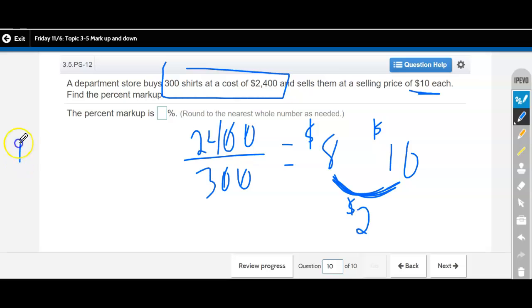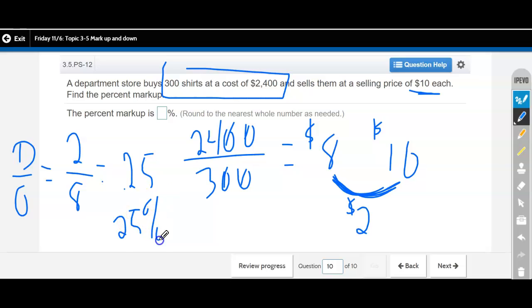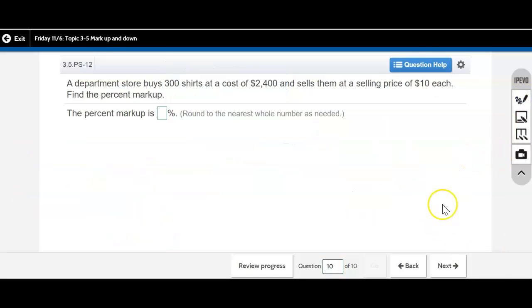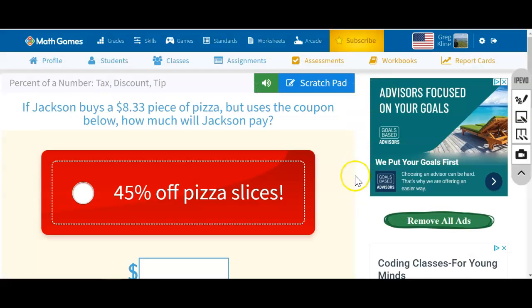So we take the difference, like we said, divided by the original. The difference is $2 divided by the original $8. That is 0.25, which would be a 25% markup. Okay, lots of steps involved, but just apply everything you know and you should be good to go.